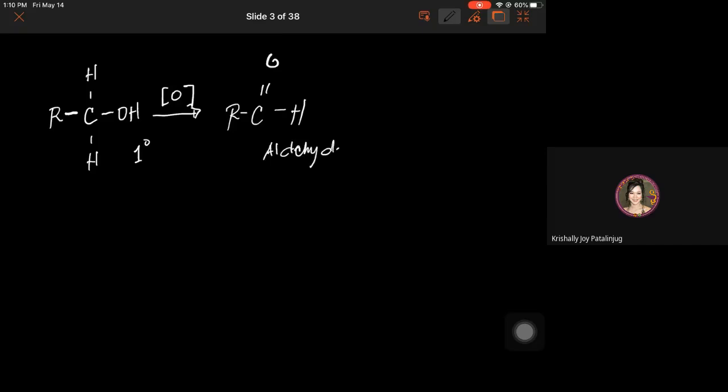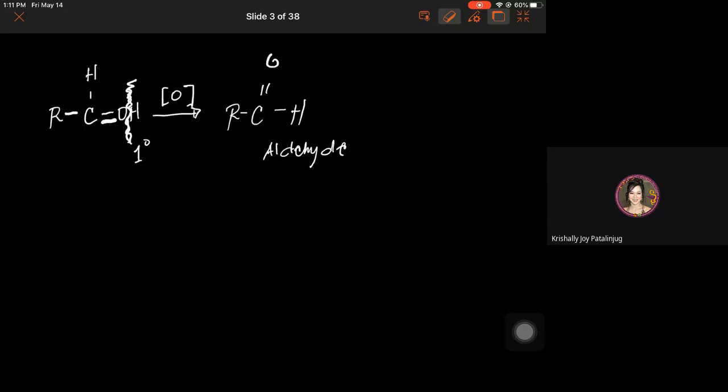Ano yung nangyari ulit? If we oxidize a primary alcohol, this part will be deprotonated. Then yung concept lang sa oxidation, we are adding oxygen while removing the hydrogen. So how does it happen? Deprotonation of this part, then simultaneously adding oxygen, take note, removing hydrogen.